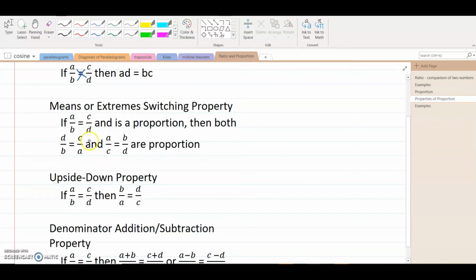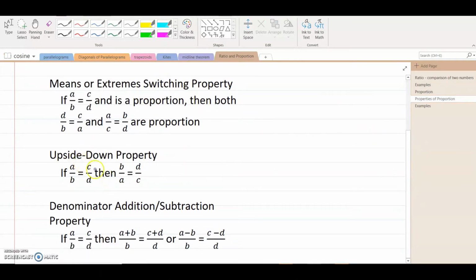What we did here is switch the means to extremes and the extremes to means, and they are still proportions based on the switching property.